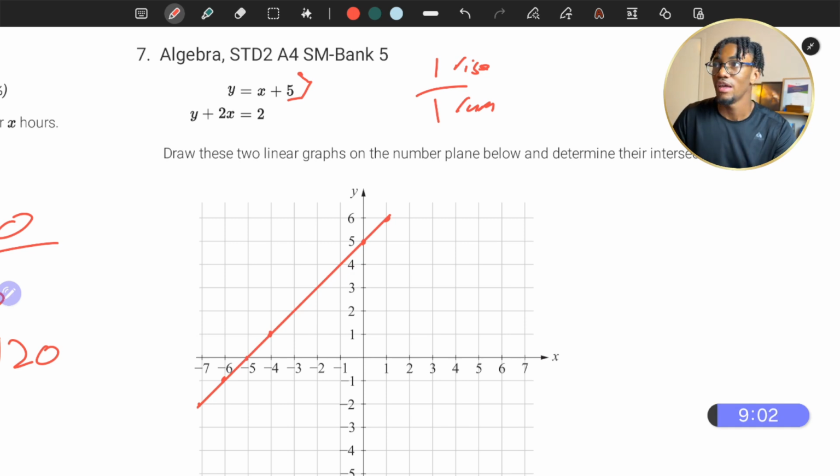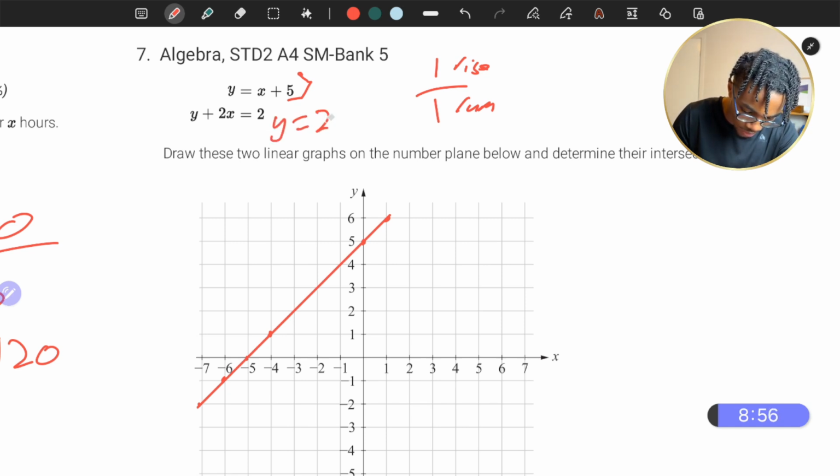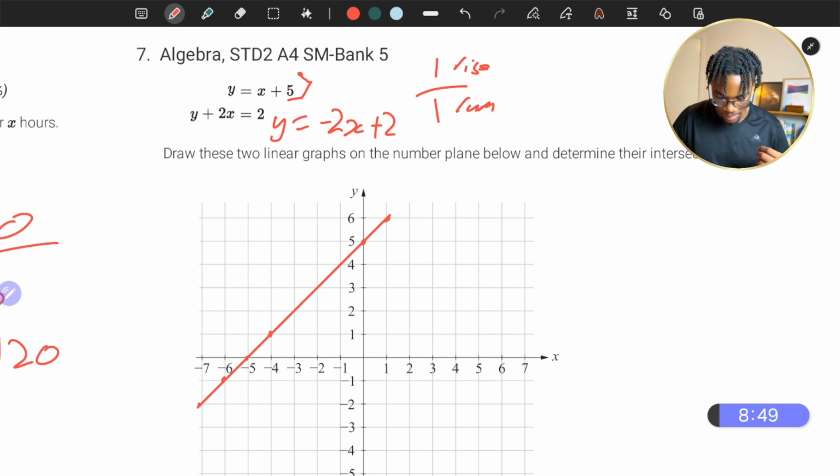For the second one, we have y equals minus 2x plus 2, rearranging this to make it in the y equals mx plus b format, and then we do the same.